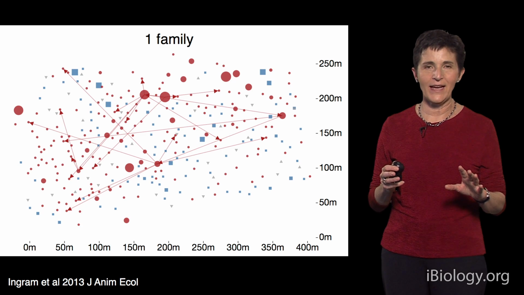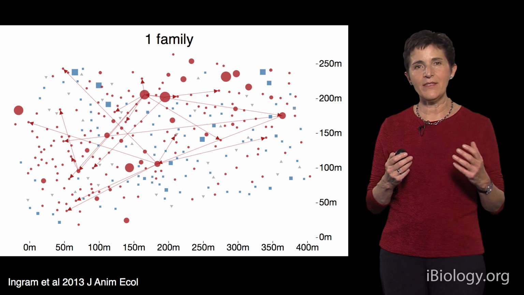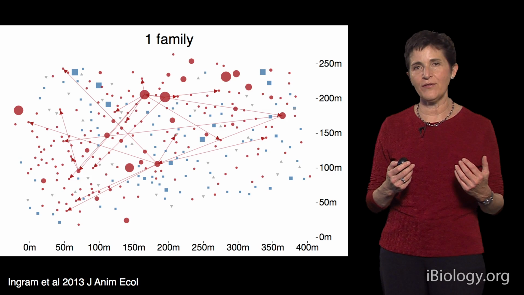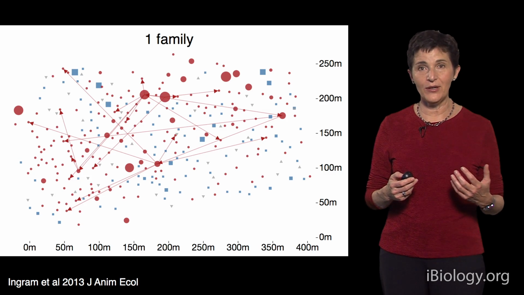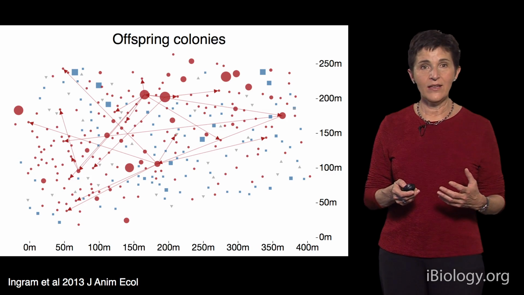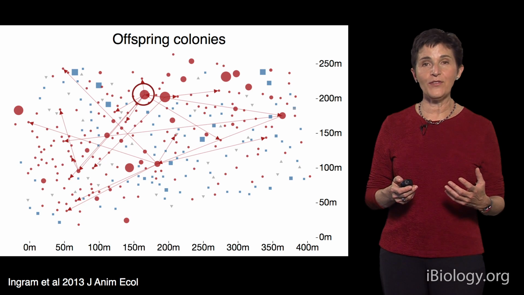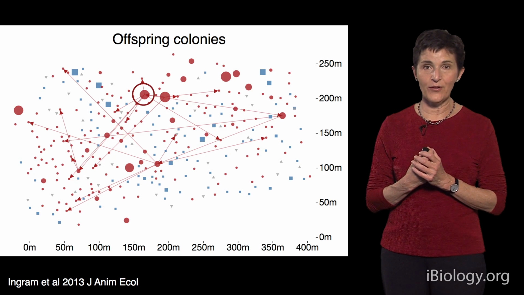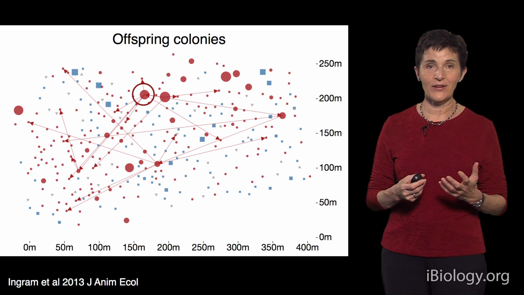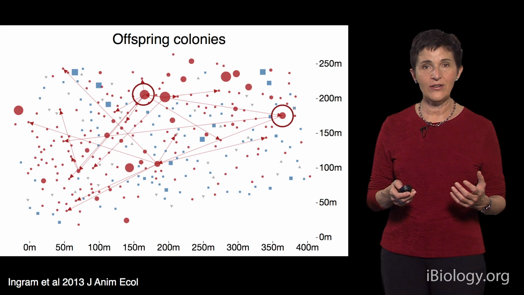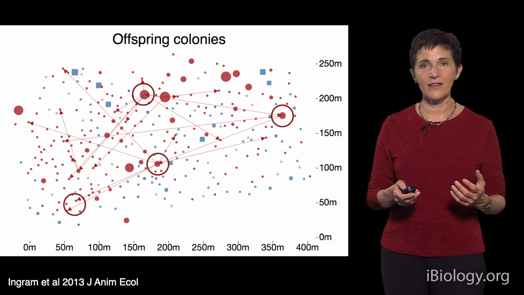You don't need to worry about that to understand this story. And this just shows the results for one family. So for example, from this work, I found out that colony 154, whom I've known well for many years, is a great-grandmother. Here is her daughter, her granddaughter, and her great-granddaughter colonies.